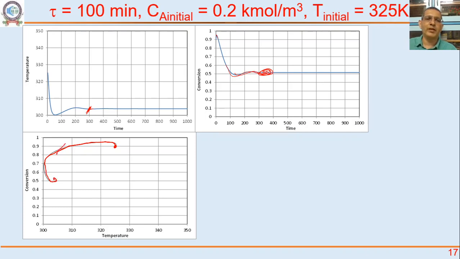So this is how the temperature versus conversion trajectory changed when residence time was 100 minutes. It started here, came to this steady state, and once at steady state, it remained there. That's why constant temperature versus time, constant conversion versus time: steady state, beyond 400 minutes.